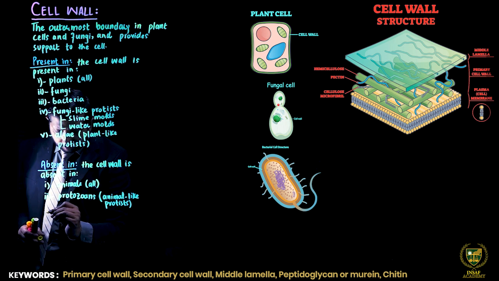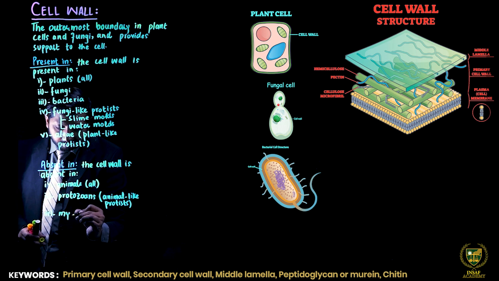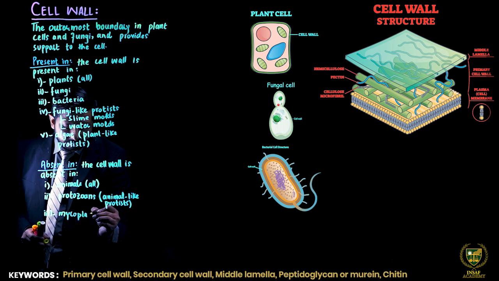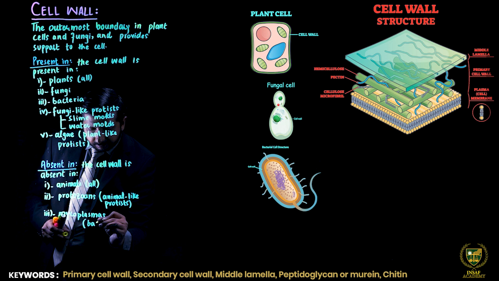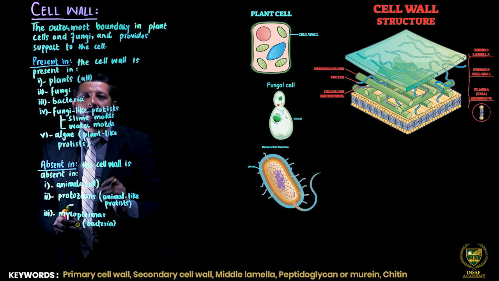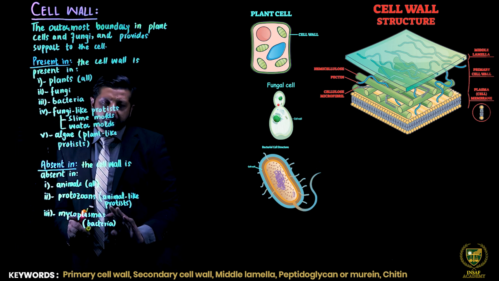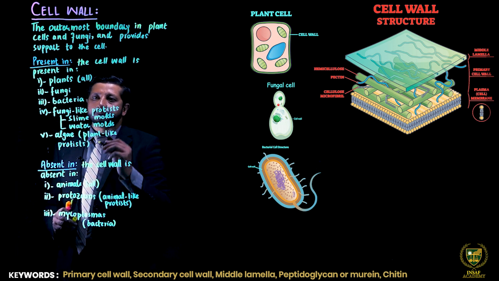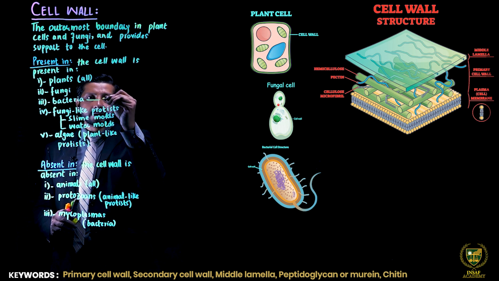and number 3, the cell wall is also absent in mycoplasmas. Clear? That are a type of bacteria. So except the mycoplasmas, all bacterial cells have the cell wall. Clear? So bacteria, both categories are included.